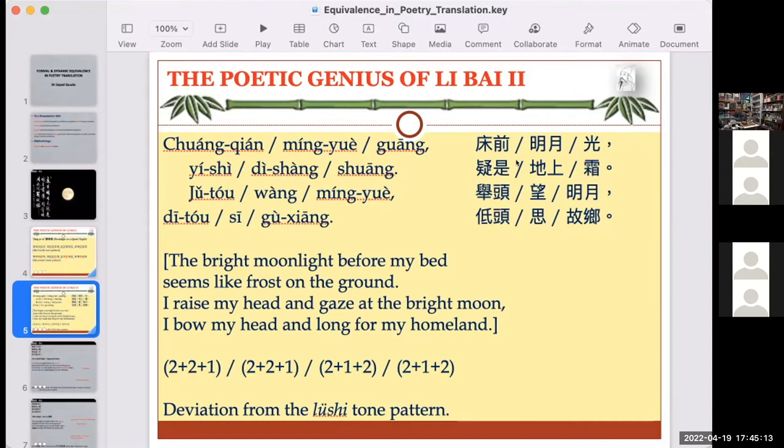So here, when I scan this poem, S-C-A-N, meaning to study or to analyze the poem rhythmically, metrically. This is called scansion, or you scan the poem when you analyze the meter of the poem.